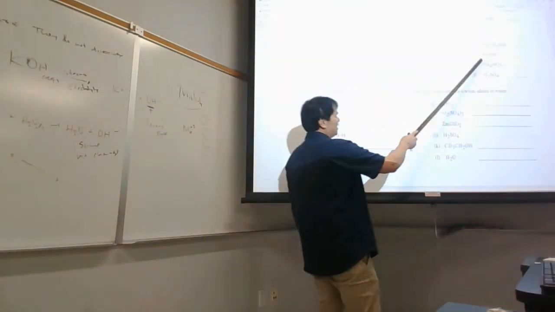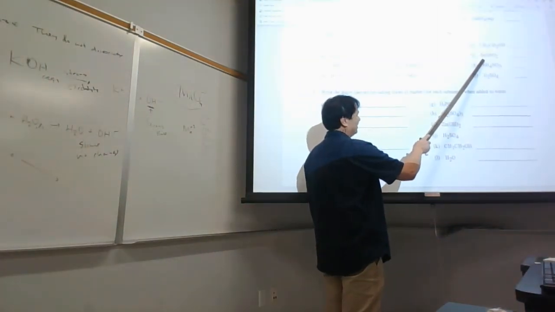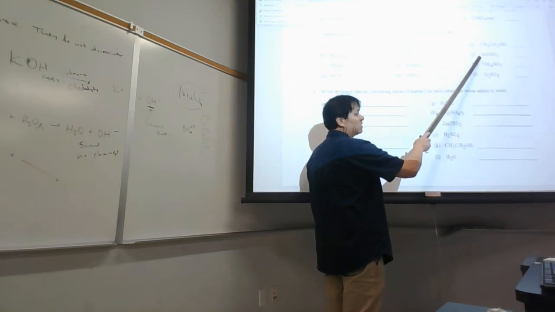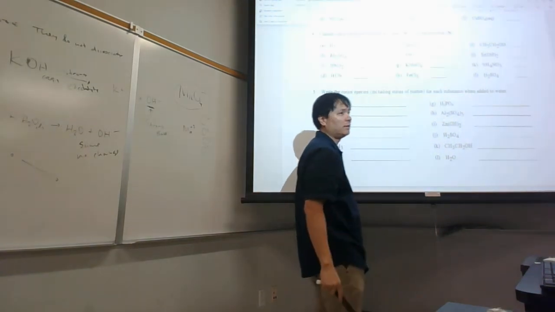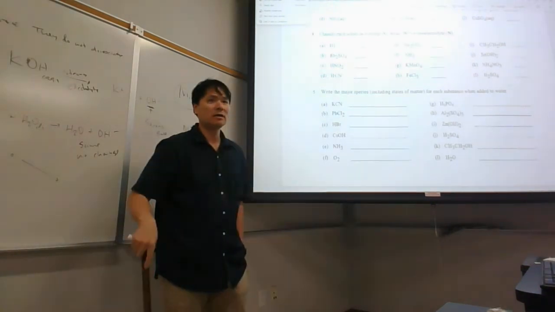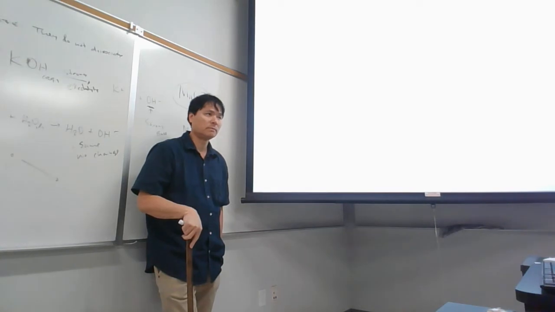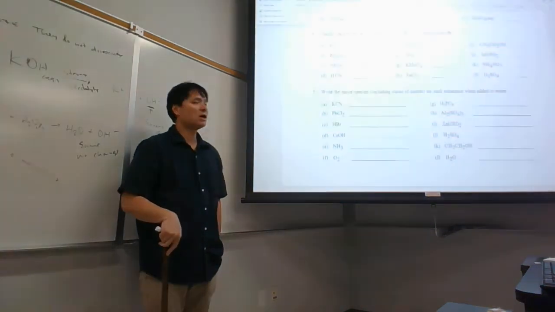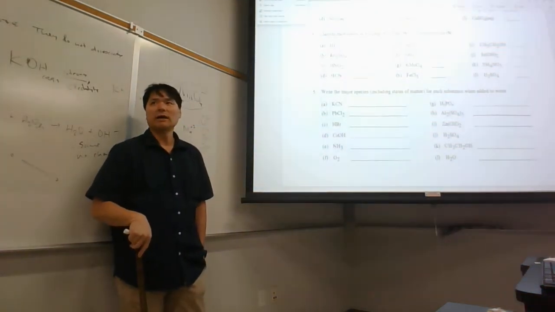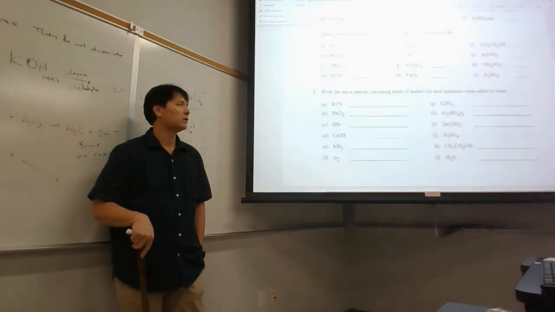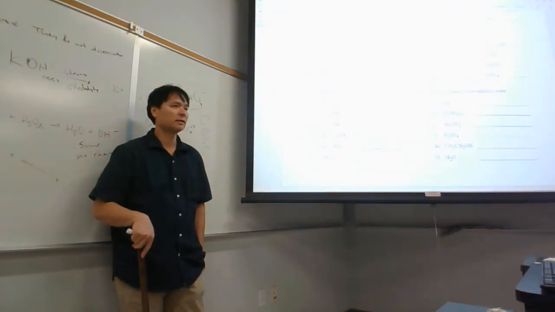Okay, what's this next one? Strontium hydroxide. That's good. Strontium hydroxide is a salt. Is that a soluble salt or insoluble salt? Hydroxides are insoluble except for Group 1, ammonium, and calcium.